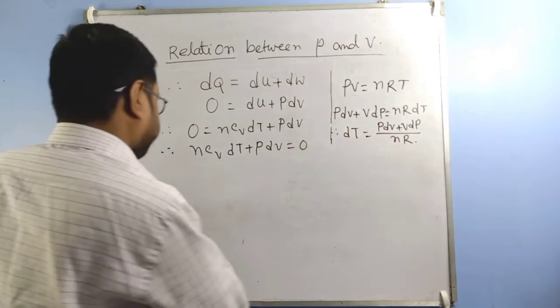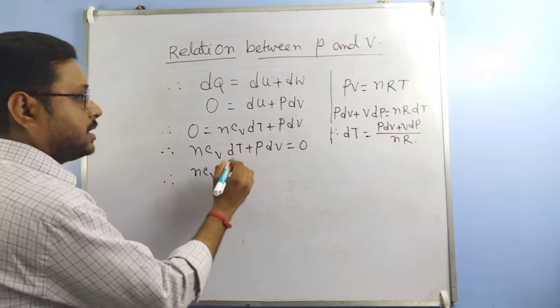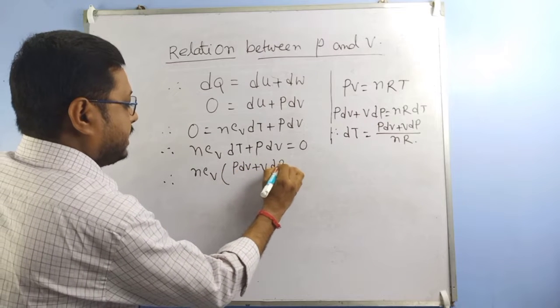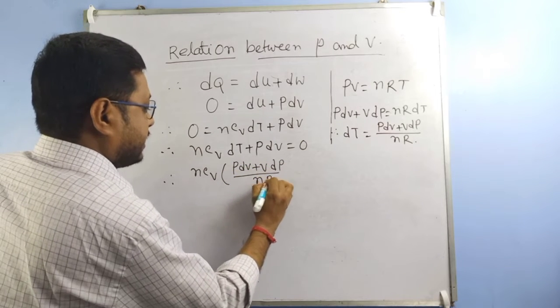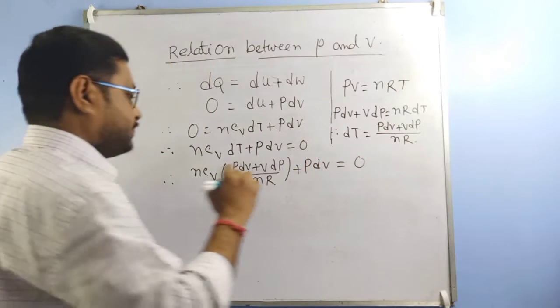Put the value of dT here, that is n Cv times (P dV plus V dP) divided by nR, plus P dV is equal to 0.